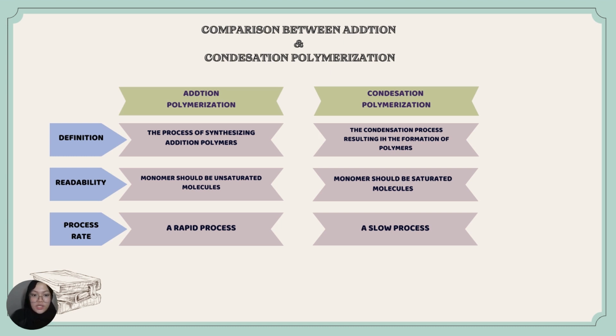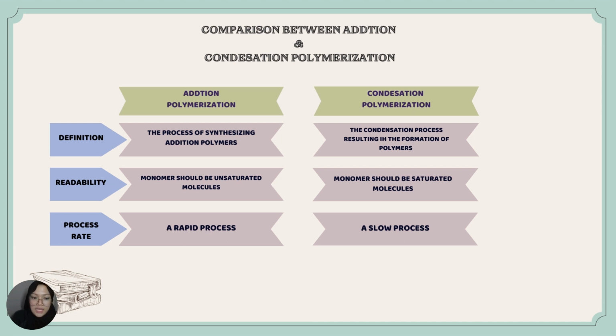Comparisons between addition and condensation polymerizations. There are three comparisons. The first one is definitions. Addition polymerization is the process of synthesizing polymers by addition. However, for condensation polymerization, the condensation process results in the formation of polymers.